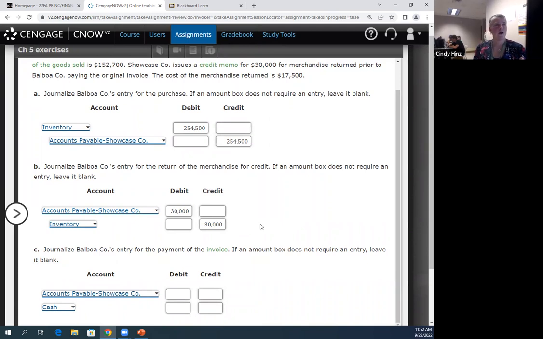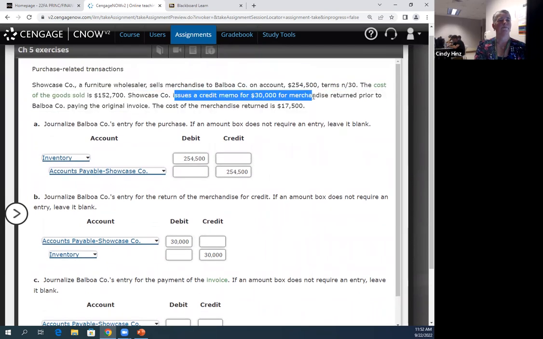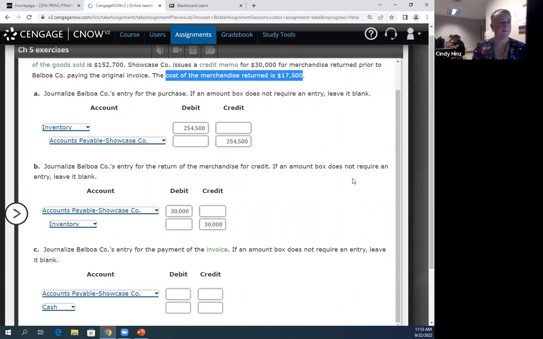So I just read the cost of the merchandise, and I read that as the cost to Balboa, but that was Showcase's cost. The cost to Balboa was 30,000. This cost of merchandise returned referred to Showcase's cost, not Balboa's cost.